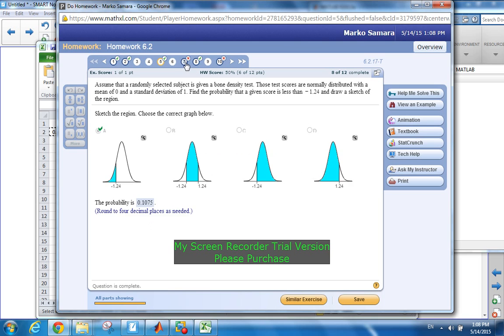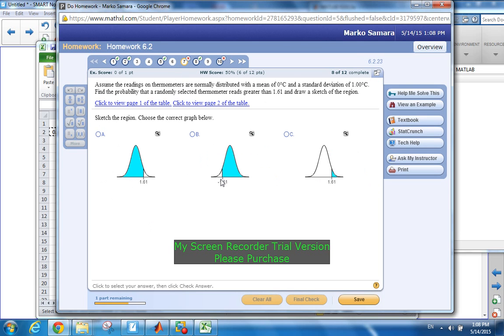Let's do problem 7. Assume the readings on thermometers are normally distributed with a mean 0 and standard deviation 1. Find the probability that a randomly selected thermometer reads greater than 1.61 and draw a sketch of the region. So greater than 1.61.